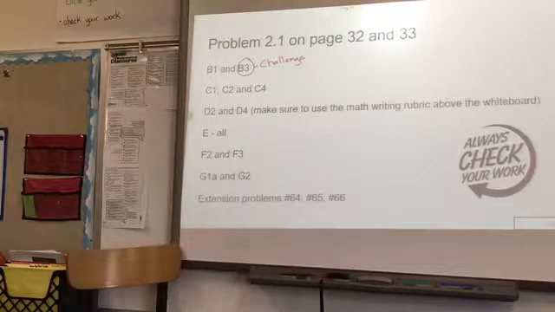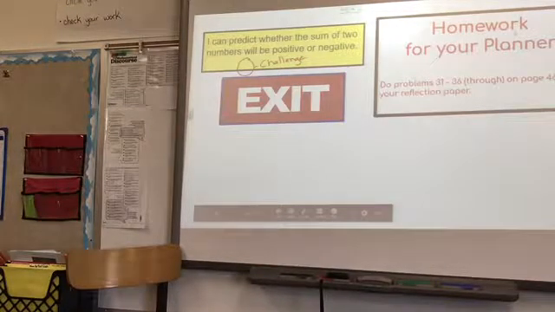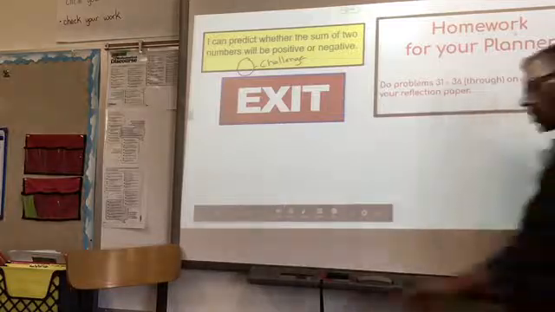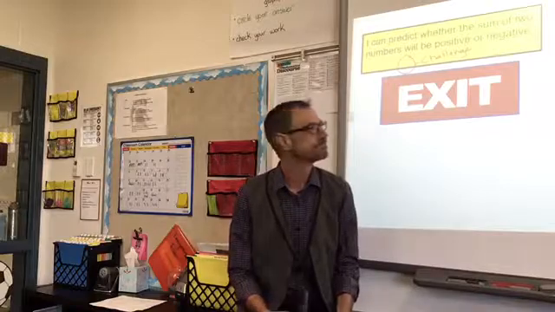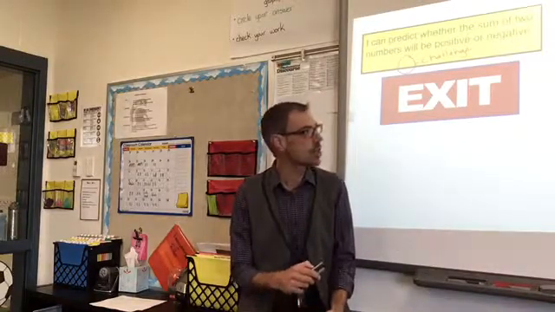All right, guys, please put your stuff away. We're moving ahead. We've got to do this quick because we're almost out of time. I want to give you plenty of time. Homework for tonight. Get those planners out. Today is September 11th. Here's your homework for your planner.